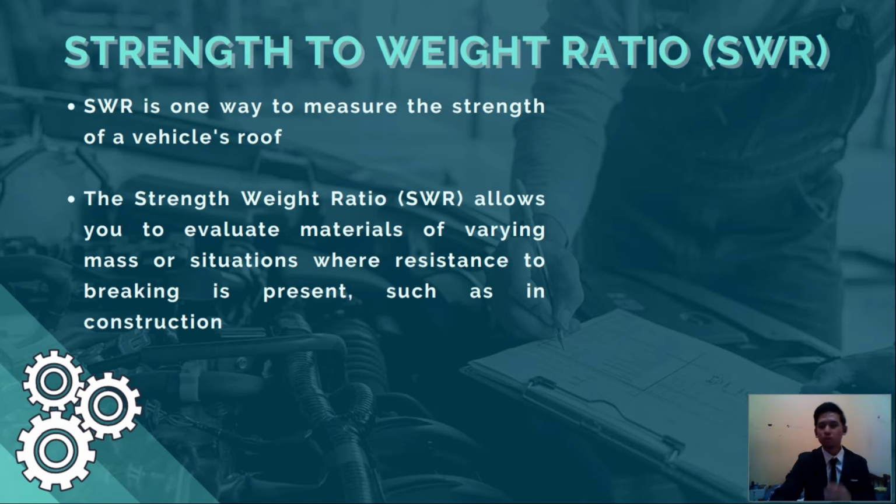So what is SWR actually? SWR is the strength to weight ratio. SWR is one of the ways to measure the strength of the vehicle roof. The strength to weight ratio allows you to evaluate materials of varying mass or situations where resistance to breaking is present, such as in construction.